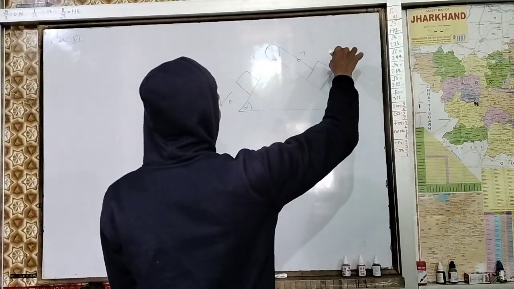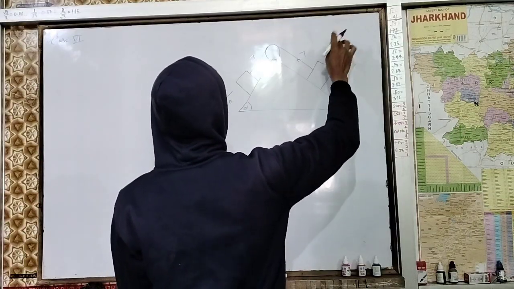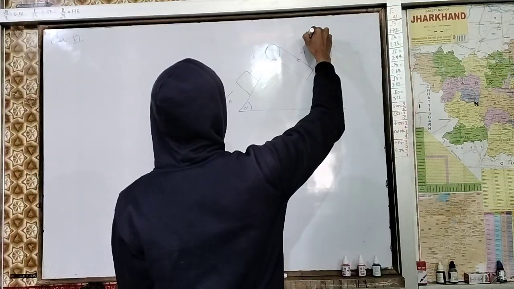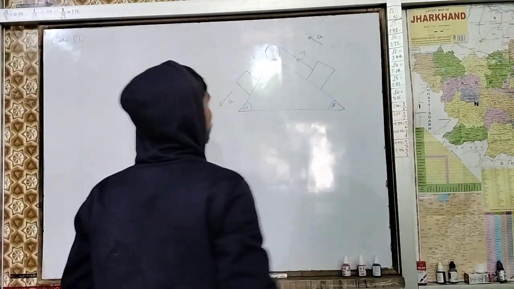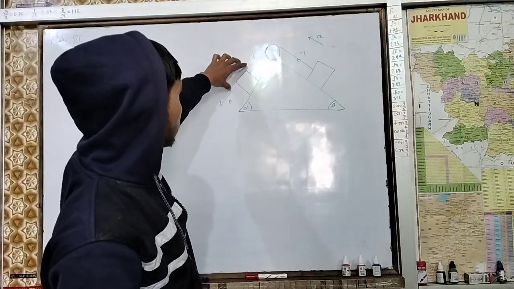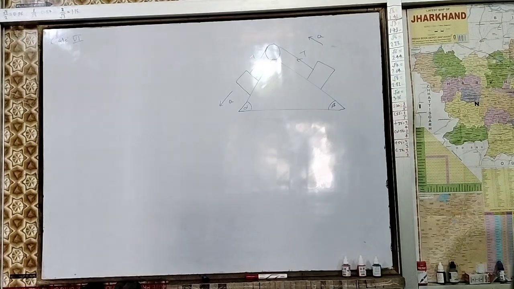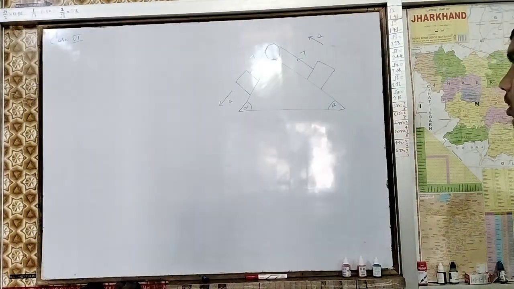Here is acceleration. This acceleration is upward, which means the object is going upward. Over here the object is going upward and over here another object is going downward, due to acceleration.